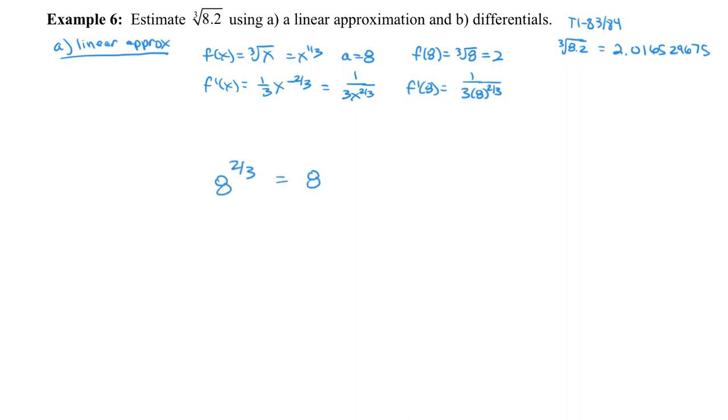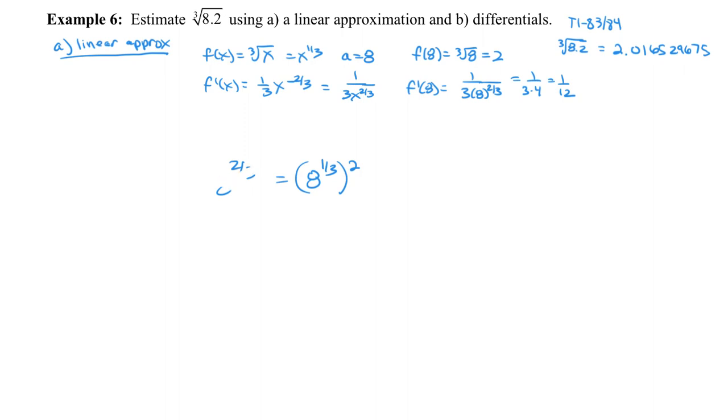Well, isn't that the same as 8 to the 1/3, squared? Right, because 1/3 times 2 is 2/3. Well, 8 to the 1/3 is the cubed root of 8. That's just 2. So this is 2 squared, which is 4. So this is really 1/3 times 4, or 1/12.